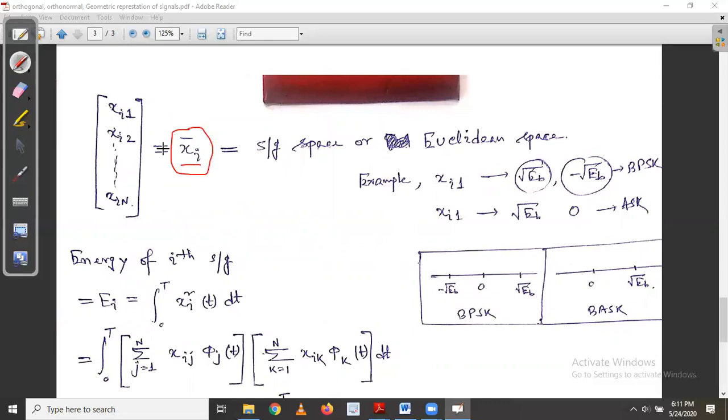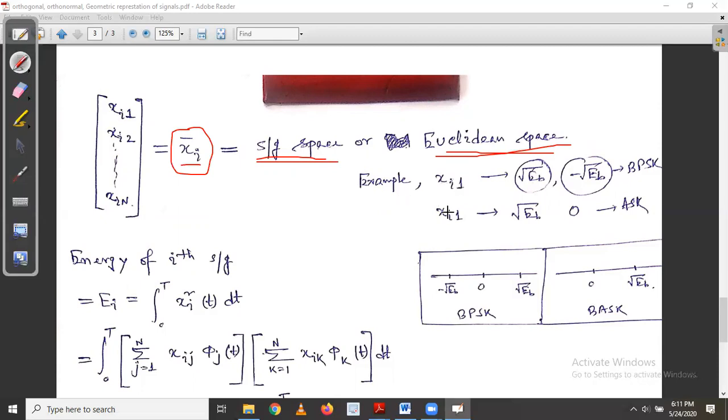This xi bar is nothing but signal space, like a vector space in which different number of vector points are there. Similarly, here it is signal space where different signals are there. This signal space is known as Euclidean space, the terminology Euclidean space.